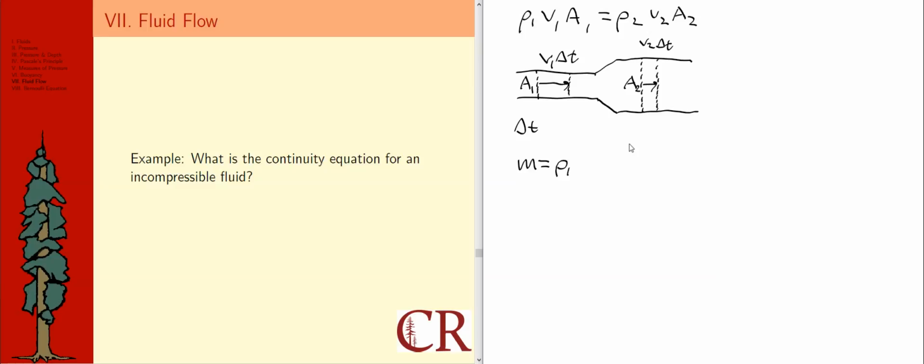I would write V for volume, but we've already got V for velocity, and I'm worried it's going to get confusing. So instead, I will express that volume as the area multiplied by that distance it went, which is V1 delta T.